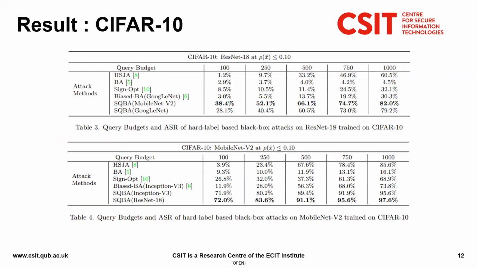We first carried out experimental tests on the CIFAR-10 dataset. It can be observed that regardless of target model and utilized surrogate models, the proposed approach outperforms all other benchmark attack methods, achieving around 4 or 5 times higher attack success rate, especially at small query budgets such as 100 and 250.